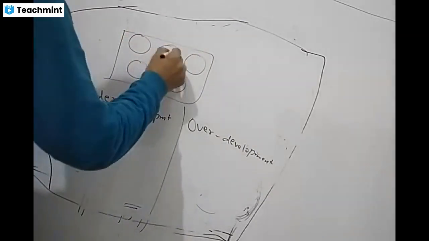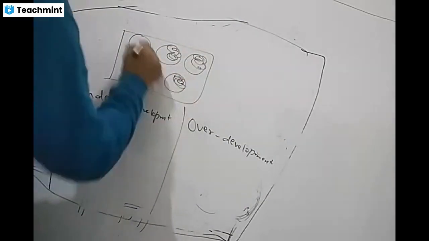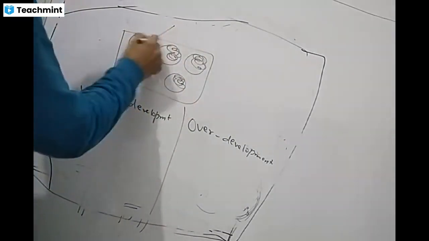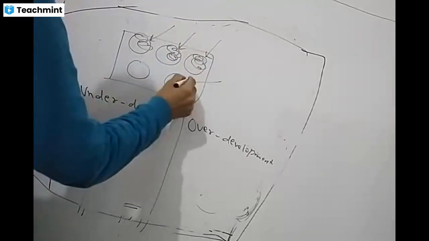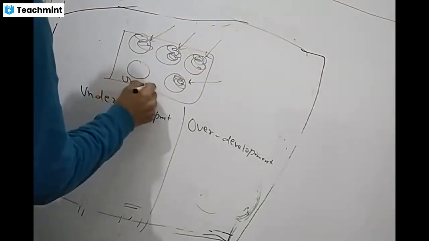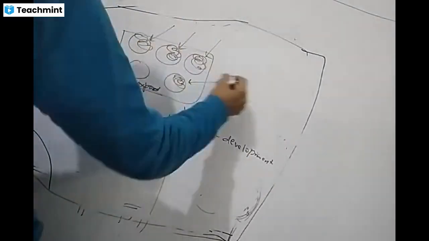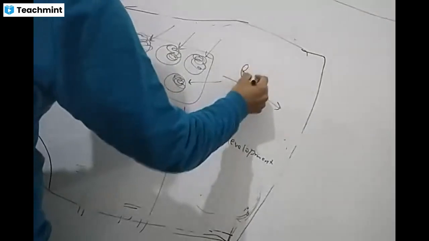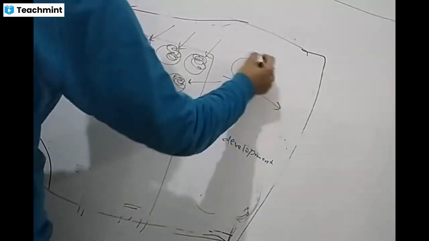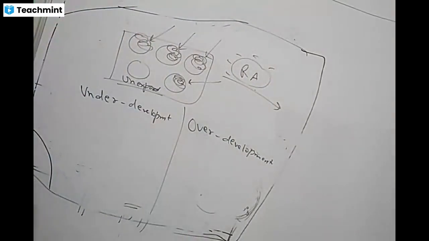Out of these five, four are having latent image centers because these four interacted with the X-ray photon, but this one is unexposed. If you place your film in the developer which is having reducing agent, it will reduce this. That will lead to formation of the image.